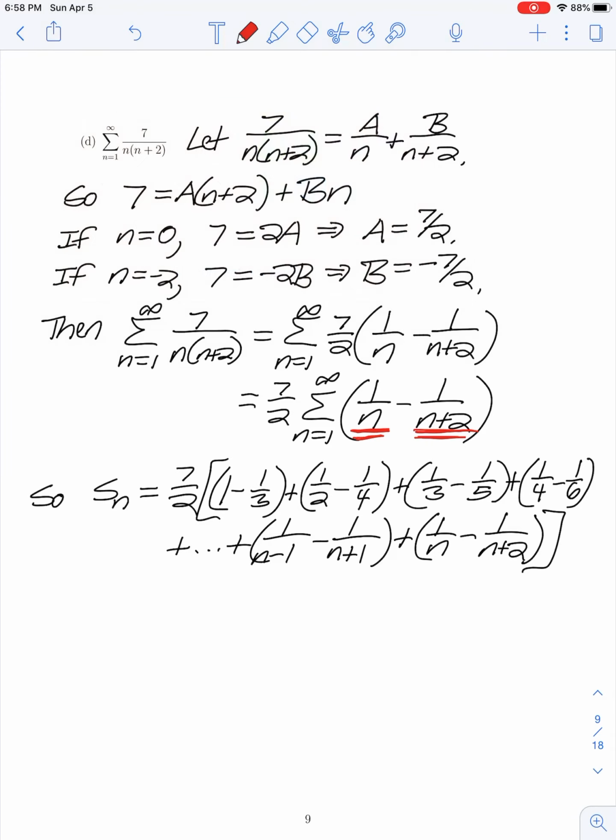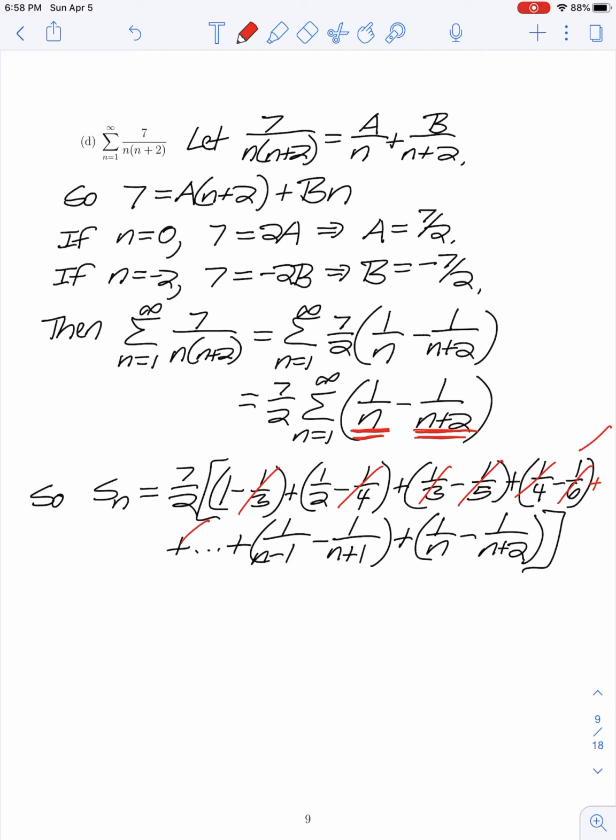So let's see which terms will cancel here. We see that our minus 1/3 will cancel with the positive 1/3, negative 1/4, and positive 1/4. Negative 1/5 will cancel the next term that would appear after this negative 1/6. My negative 1/6 will cancel with a later term of a positive 1/6.